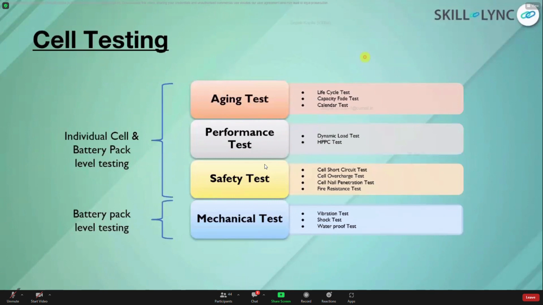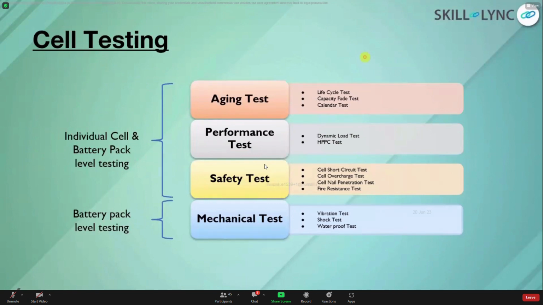In this category, we will perform the life cycle test, capacity fade test, and lastly, the calendar test. Second category is performance test. In this test, we make sure that whatever cell we have chosen is meeting our performance requirement for the application.